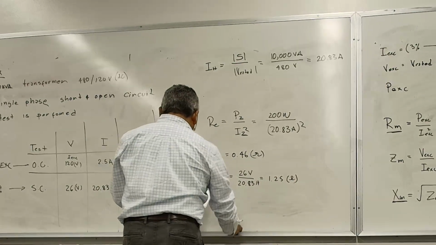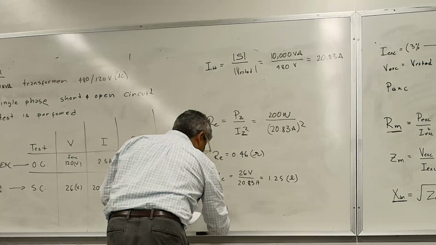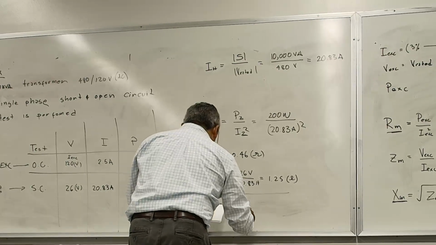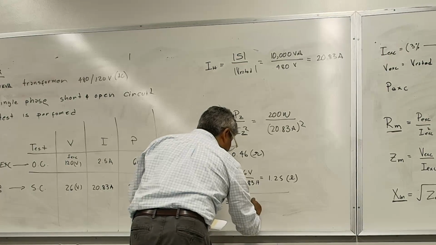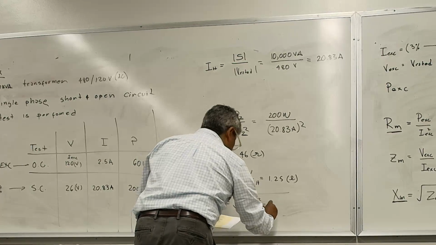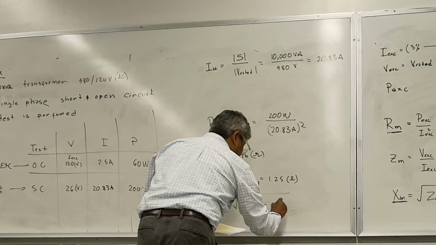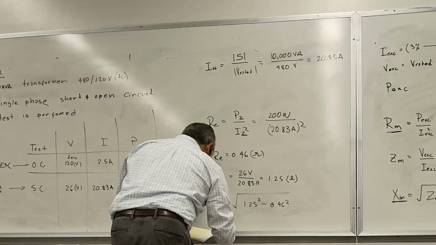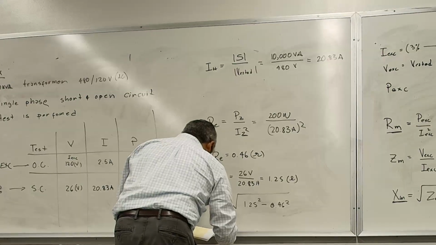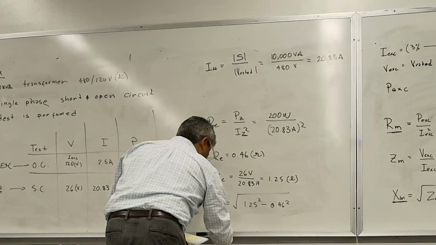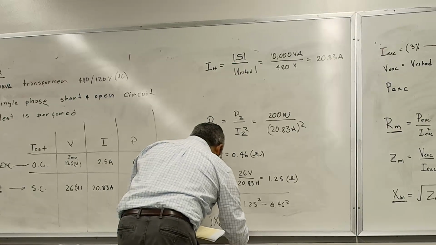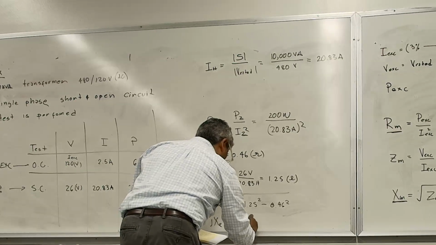So therefore, I can say that XE is equal to the square root of 1.25 squared minus 0.46 squared, and therefore XE is equal to j 1.16 ohms.